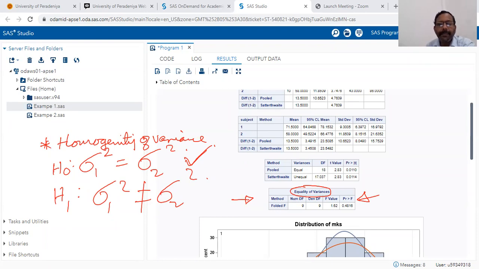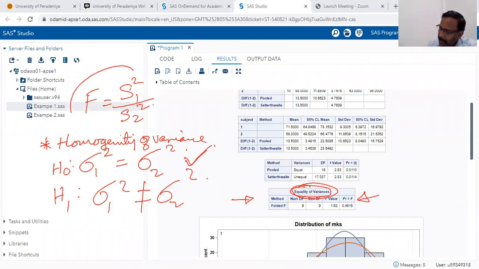So here we test that. You can see the F value. Can you remember the F value that we calculated by S1 square divided by S2 square? You could have looked at your notes written in 3-1. So this is the testing. That is your F calculated value, and this is the exact probability.